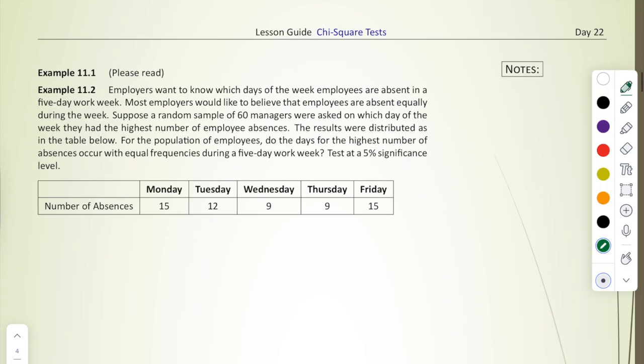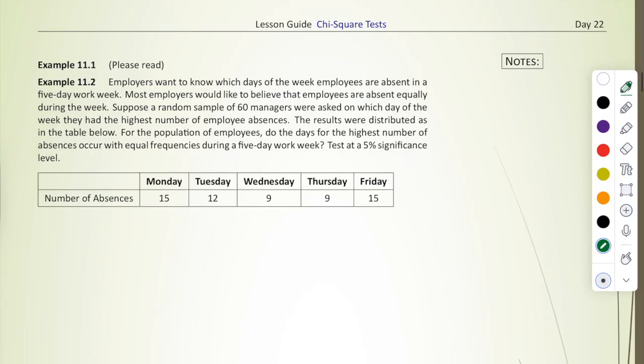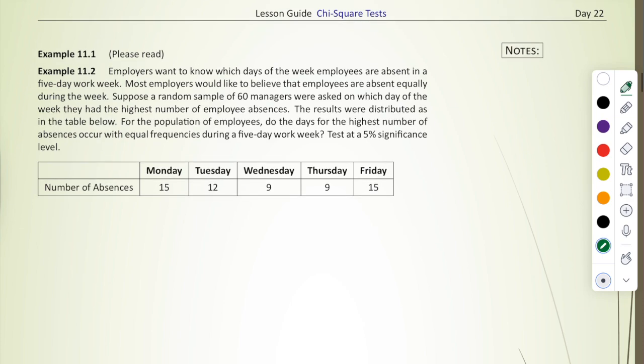Okay, so employers want to know which days of the week employees are absent in a 5-day work week. Most employers would like to believe that employees are absent equally during this week. Suppose a random sample of 60 managers were asked on which day of the week they had the highest number of employee absences.